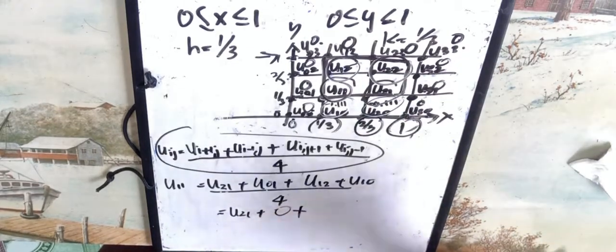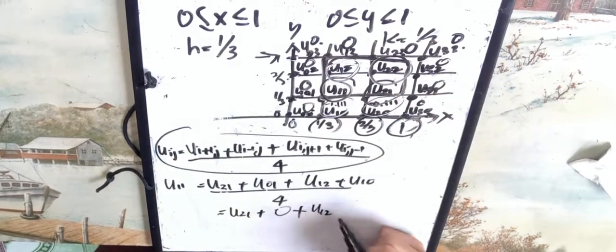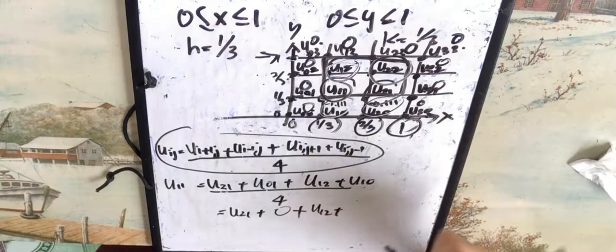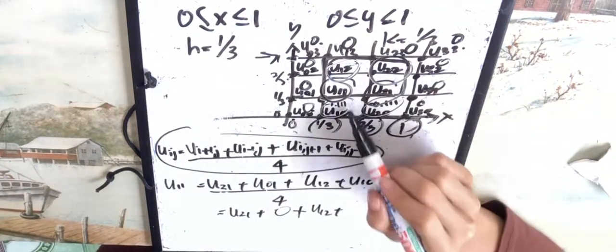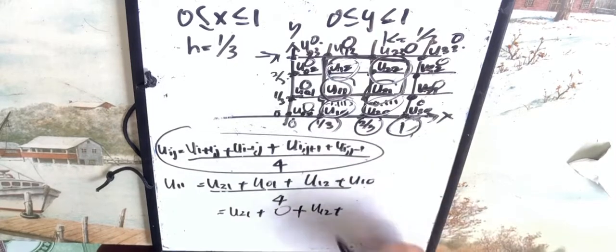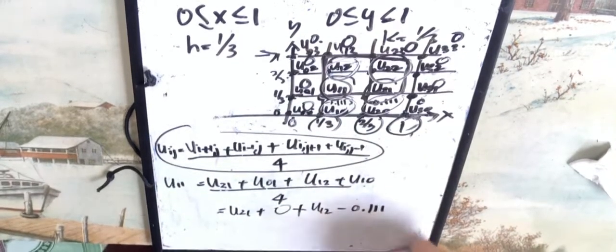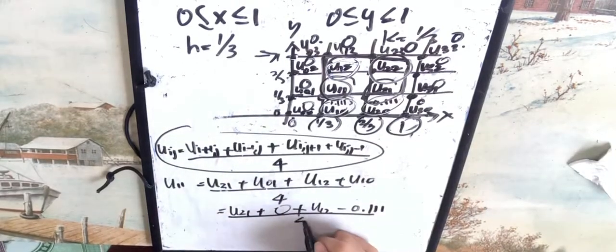How about u12? u12 also you didn't calculate yet, so you just write u12. How about u10? Where's u10? u10 is here, so u10 is negative 0.111. And then this is divided by 4.